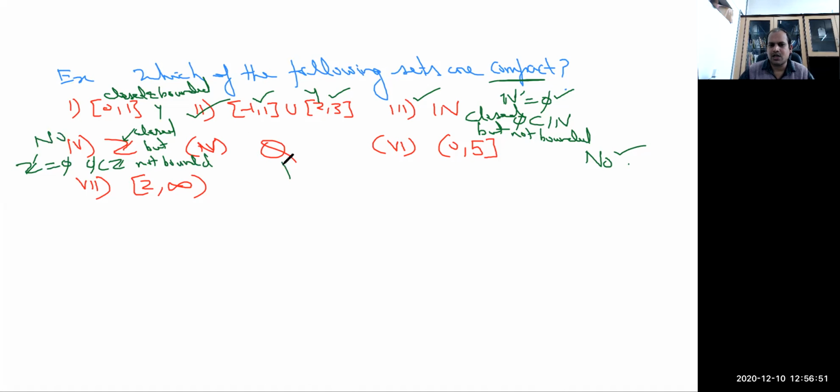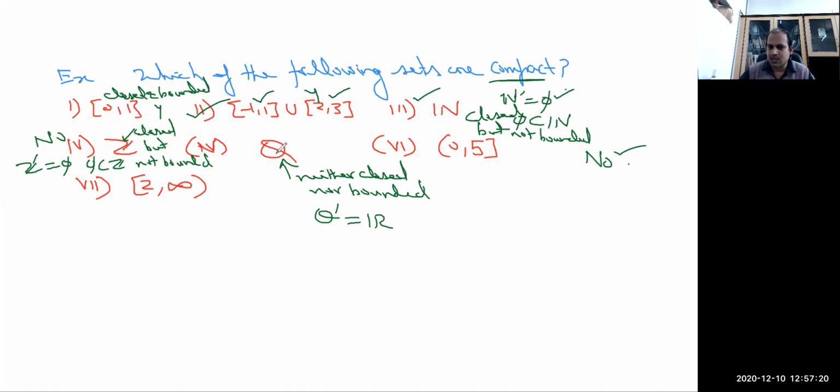What about the set of rational numbers? The set of rational numbers is neither closed nor bounded. Why? Because the derived set of Q, the set of rationals, is the whole of R. Every real number is a limit point of the set of rationals.